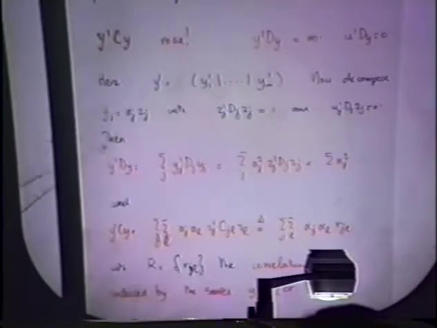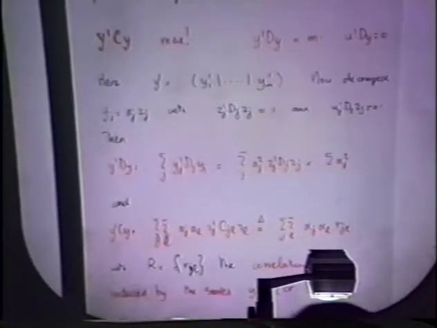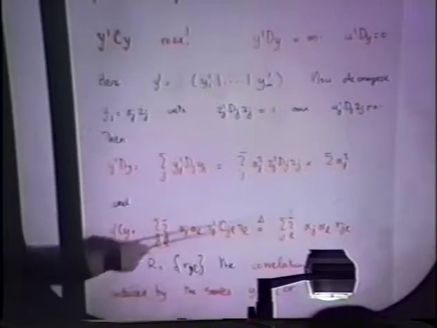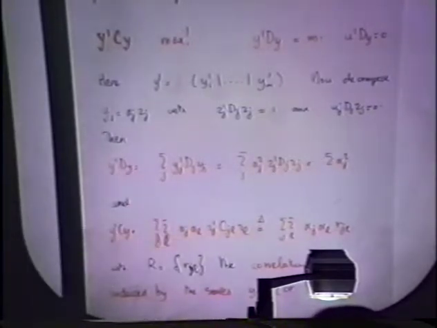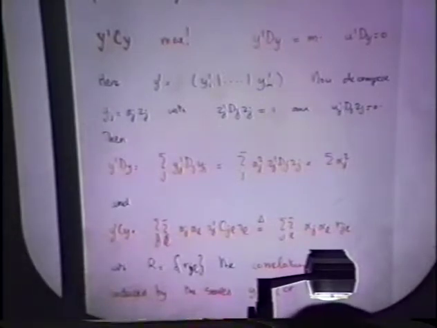Now if you substitute this into the expressions up here, then you get this relationship up here. Y prime Dy is simply the sum of squares of the alphas. And if you substitute this into the quadratic form up here, then you get this, which is a quadratic form in the alphas, and the r's are the correlation coefficients between the quantified variables. Now you have to remember that these correlations are dependent on the choice of z, or on the choice of y if you want to.